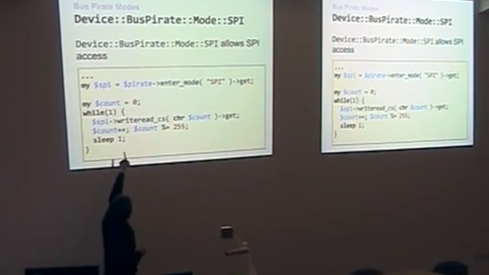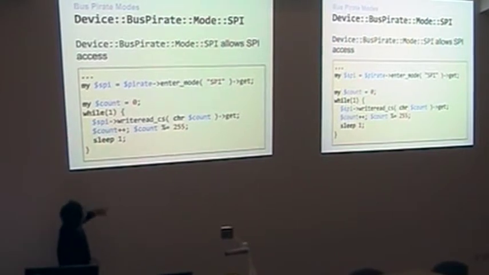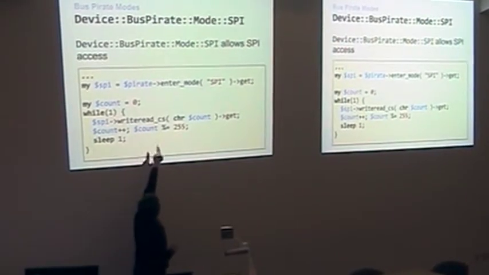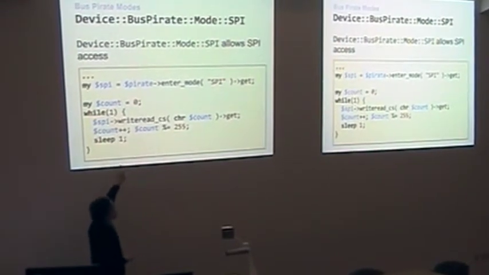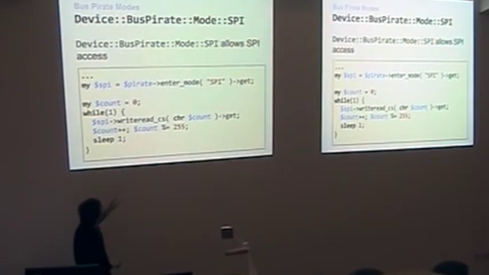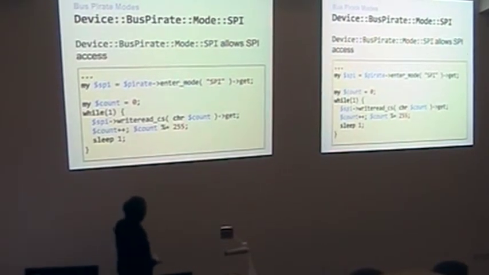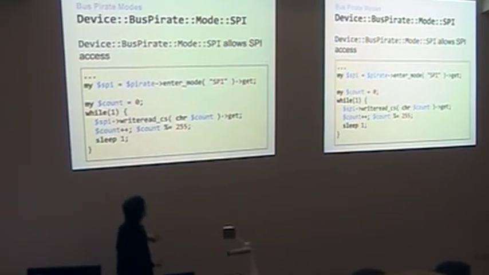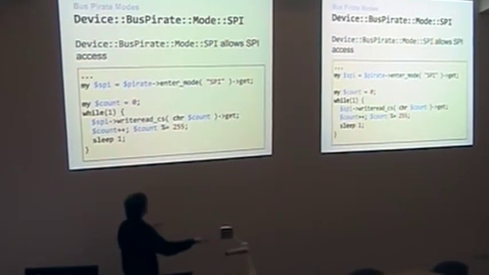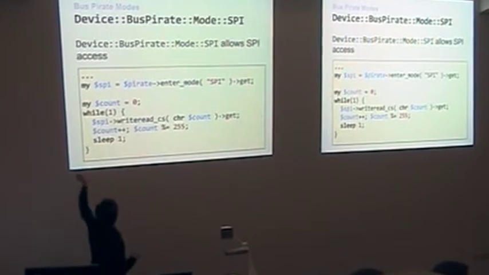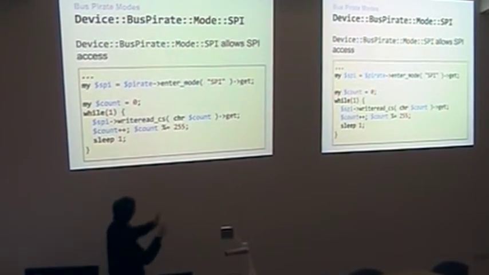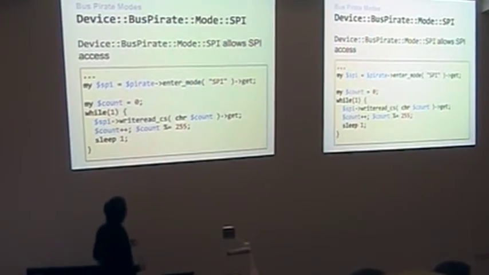So there's just this simple method called write read that sends a byte and reads a byte, or multiple bytes. The little underscore CS there just means this method will even handle setting the chip select pin. So all you have to do is call this one method, and it drops the CS line, writes out all the bytes, reads in all the bytes, and then returns the bytes that it read. So one single method call does all that I/O for you.